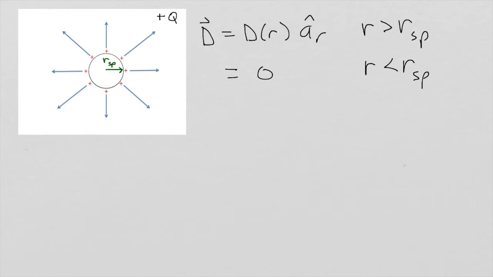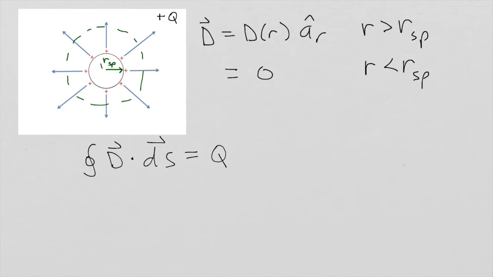So now we can apply Gauss's law to determine the exact form of the electric flux density field. Gauss's law is that the integral of D dot dS around a closed surface is equal to the charge enclosed. So we will choose a sphere of radius r as our Gaussian surface.